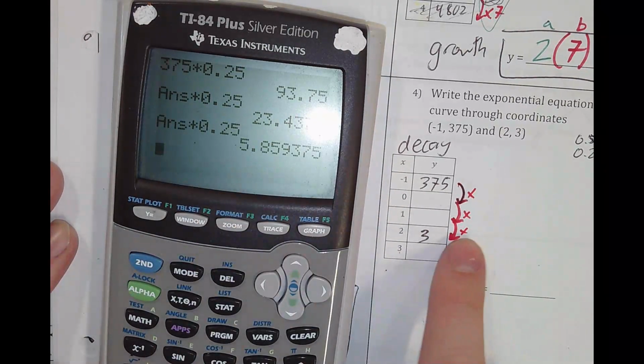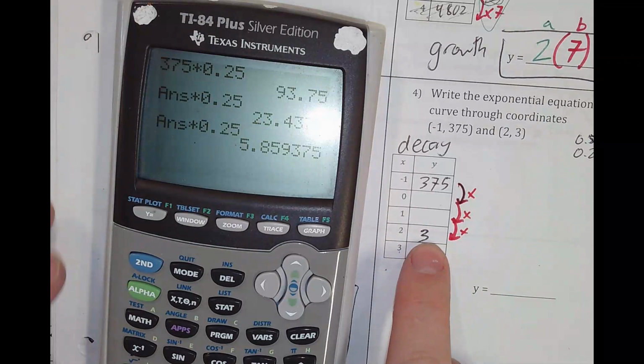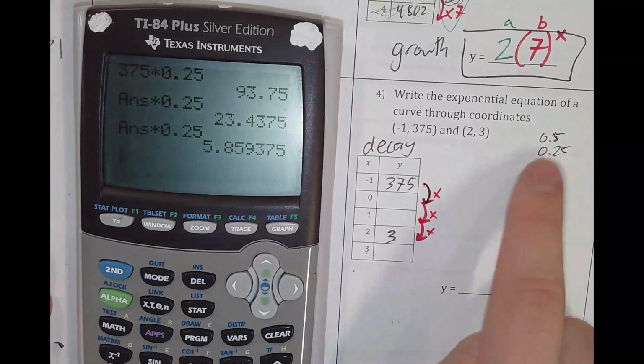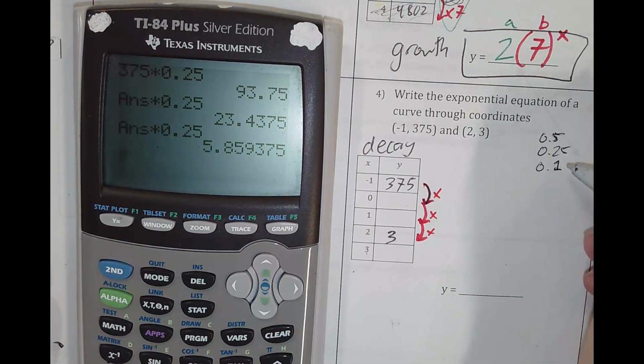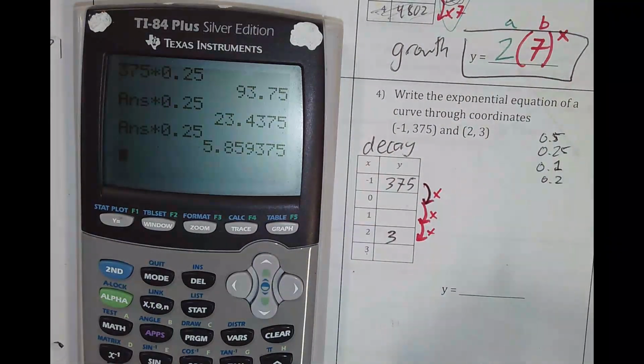Look how close that is. It's very close. It's not quite down to 3, but we need to multiply by something smaller. So you could try maybe perhaps 0.1 or 0.2, but we're going to use formulas for this. Let's try it out.